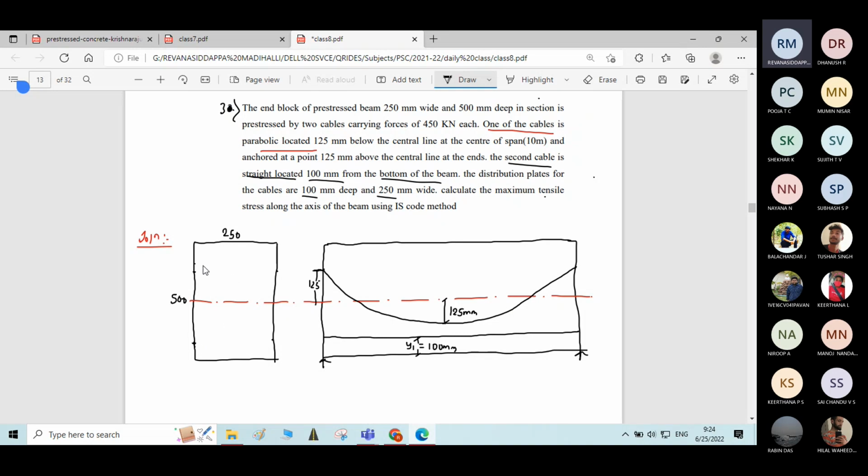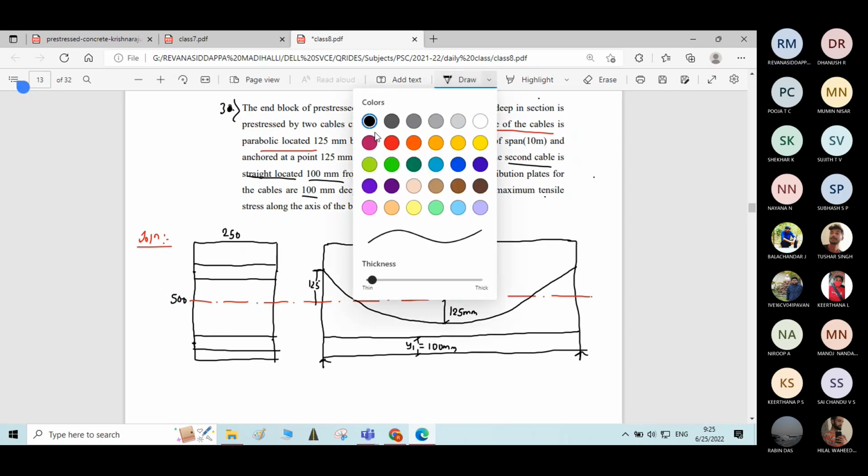Now I'll write the distribution plates, and in the cross section I will show the distribution plate, with the size given as 100 mm deep and 250 mm wide. 250 mm wide means the width is equal to the cross section only. Here one plate and here one more distribution plate.